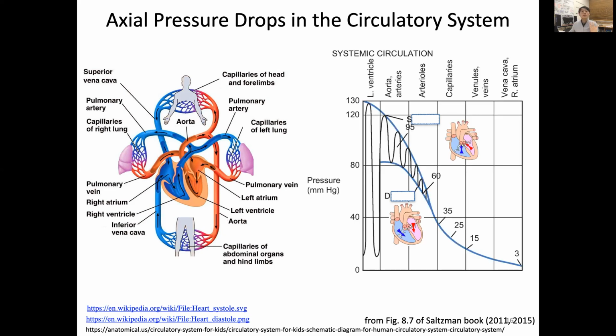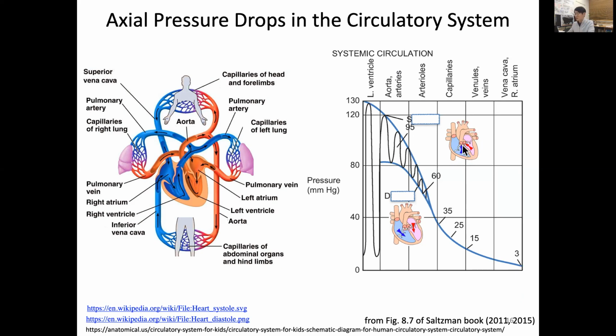So what about the pressure distribution? The left ventricle contracts and expands, contracts and expands. Because of that, the pressure goes up and down, but the normal pressure is 80 to 120, and it goes down. It's high when the heart is compressing.